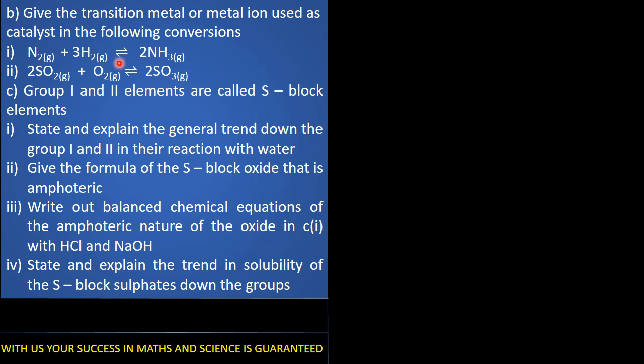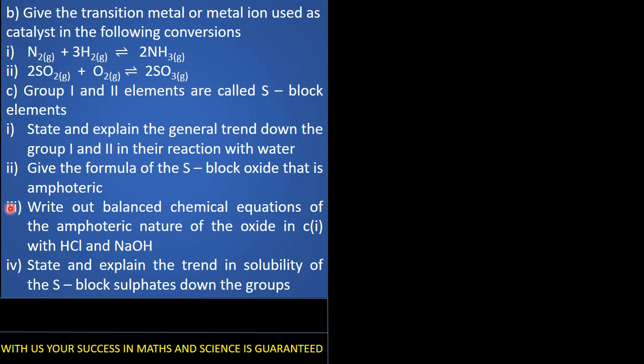We have these two. Then the C part, group 1 and 2 elements are called S block elements. State and explain the general trend down the group 1 and group 2 in their reaction with water. Then the next, we should give the formula of the S block oxide that is amphoteric.